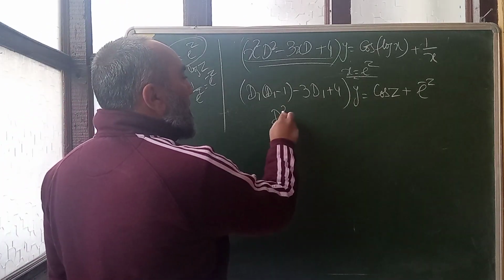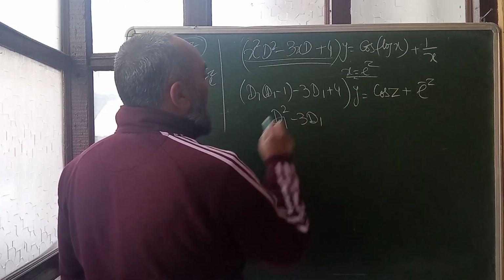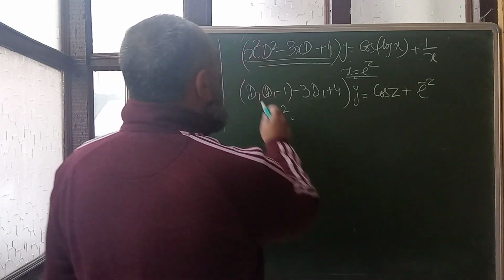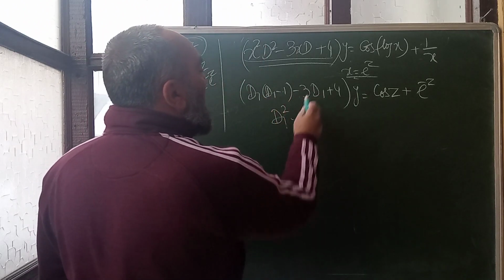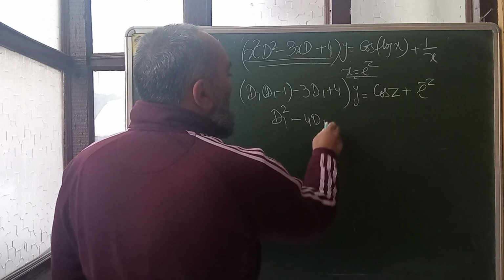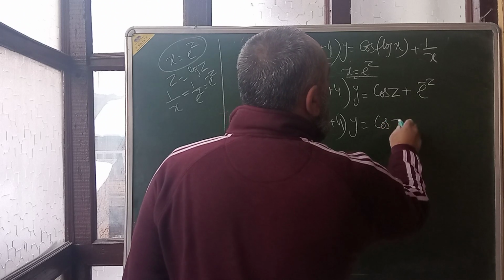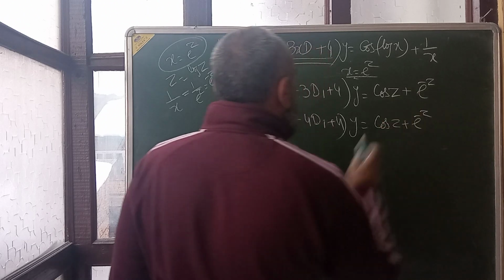Now this is D1 square minus D1 minus 3 D1, so minus 4 D1 plus 4, operating on y equal to cos z plus e raised to the power minus z.